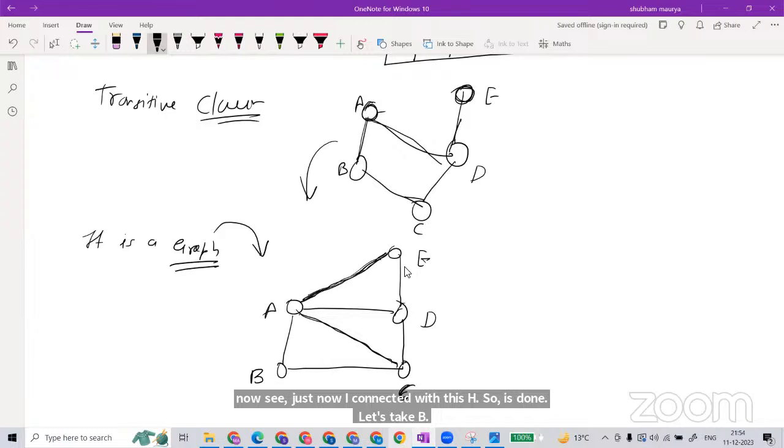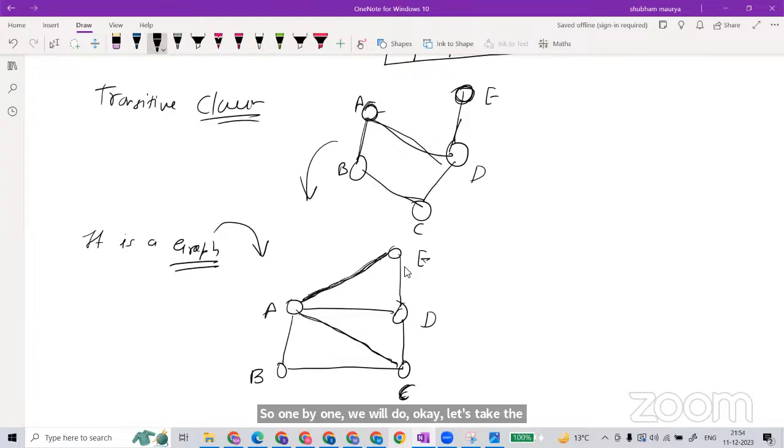Let's take the vertex B now. There is a path between B and E, right? The path is this one and then this one, from B to C, C to D, and D to E. If there is a path, let's connect that.